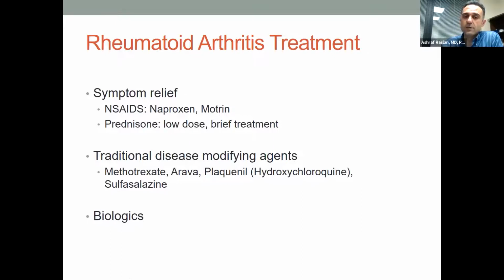These oral medications, like GI side effects, nausea, abdominal pain, fatigue, they need to be monitored with blood work more frequently. But otherwise, they're effective. And many times we do actually use them for people with severe rheumatoid arthritis in combination with the biologic agents. And the biologics are the more advanced therapies for rheumatoid arthritis.